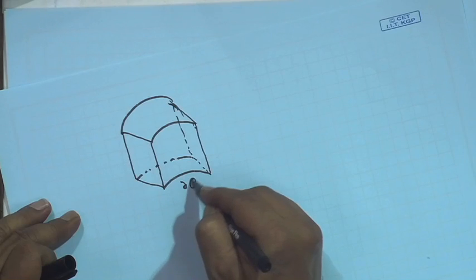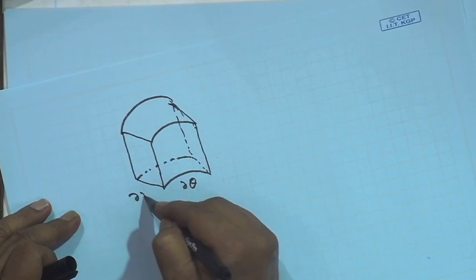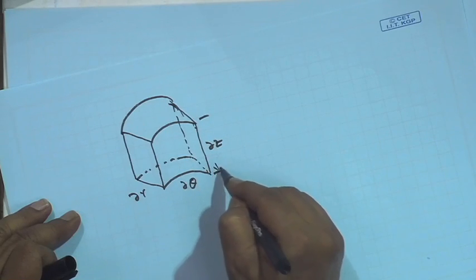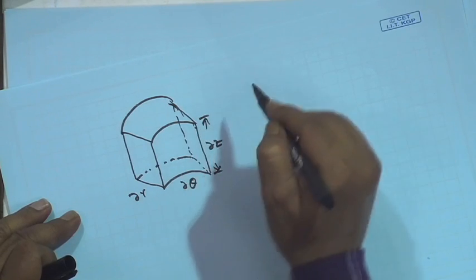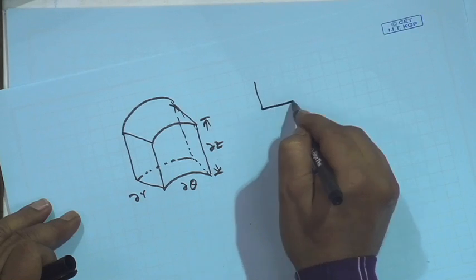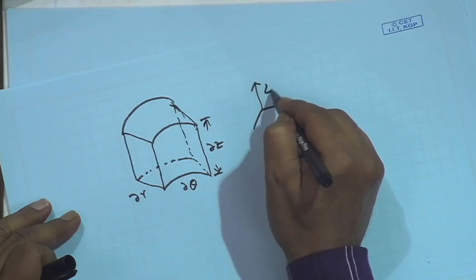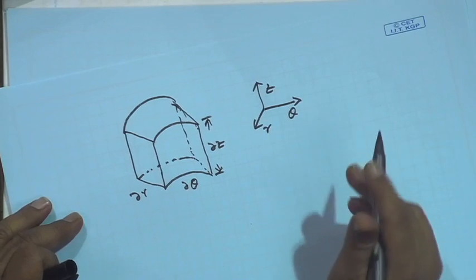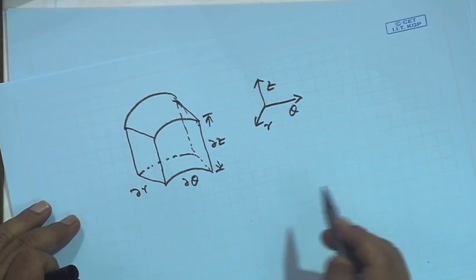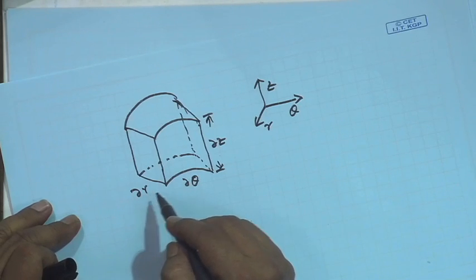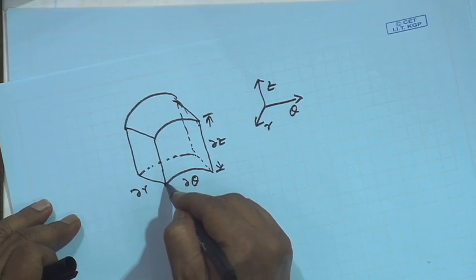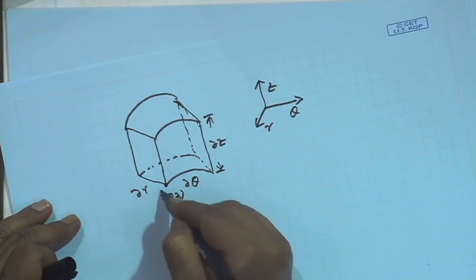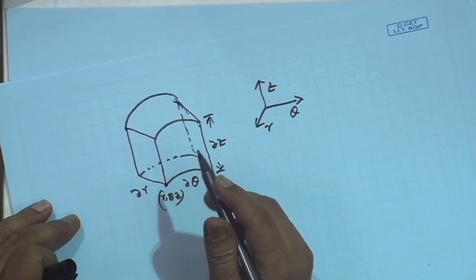So this can be del theta, this can be del r, and this is del z. In the coordinate system we have r, theta, z. So this is z, this is theta, and this is r. If we take the r, theta, z coordinate, then here we are taking this point as the r, theta, z coordinate.